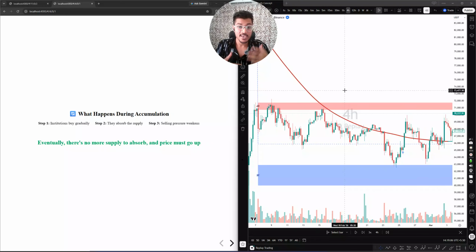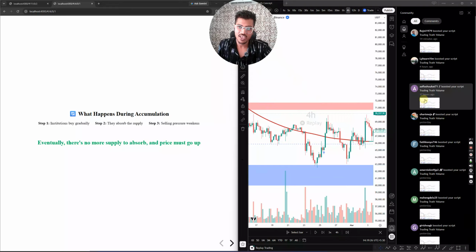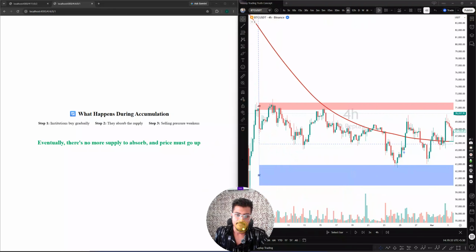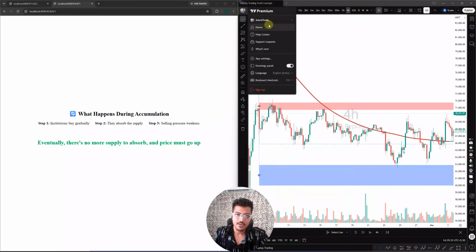When we say institutions, what do we mean, and how do we track them? Well, first of all, institutions are seen by the volume, because volume tells you the truth. So let's put the volume on, and this indicator that I uploaded recently, you can see it got a lot of boost. Let me go to that one and I'll show you.